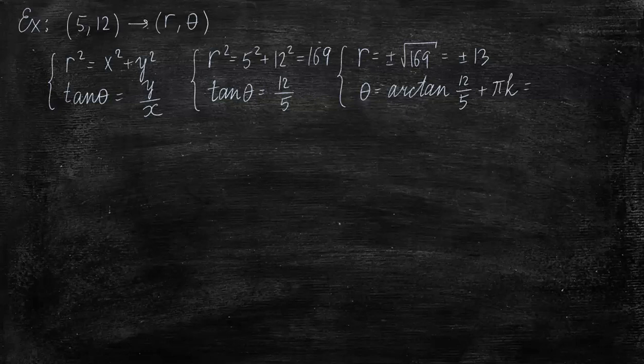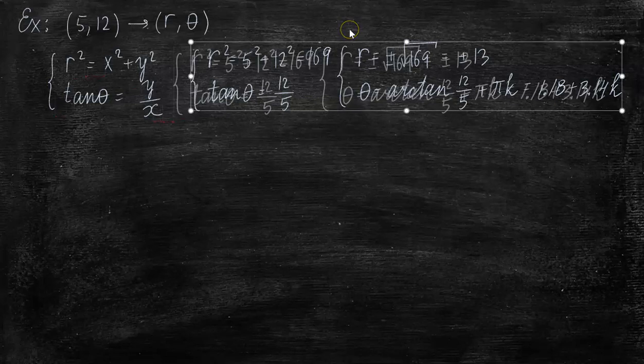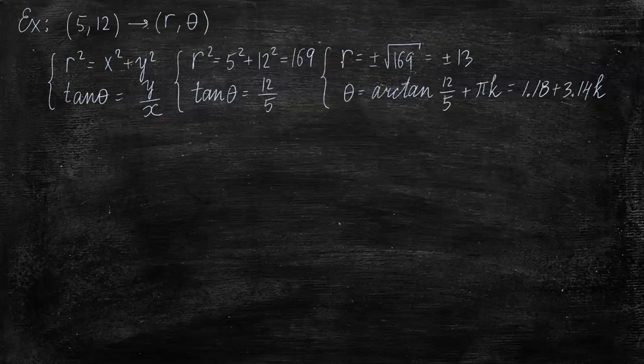Arctan of 12 over 5, if you use a calculator, will be 1.18, and since we're writing everything in radians in decimal form, instead of pi, I will write 3.14, and k is k. So from the first equation, we can pick a positive 13 or negative 13 root. And in the second equation, we get to choose k. So not every plus minus will work with every value of k.